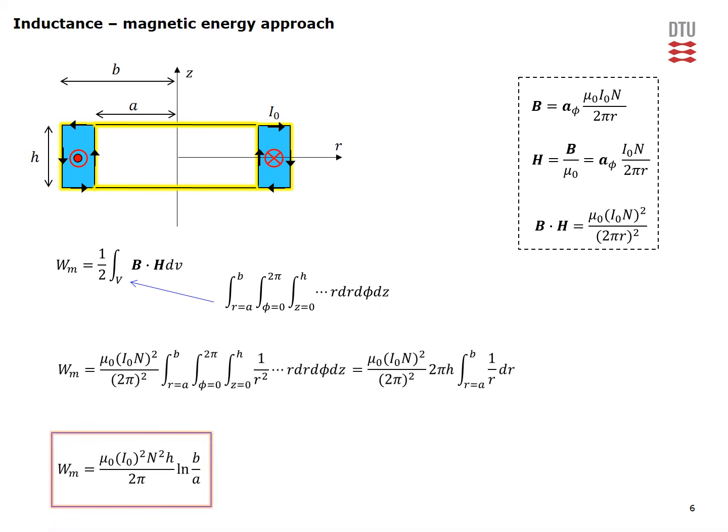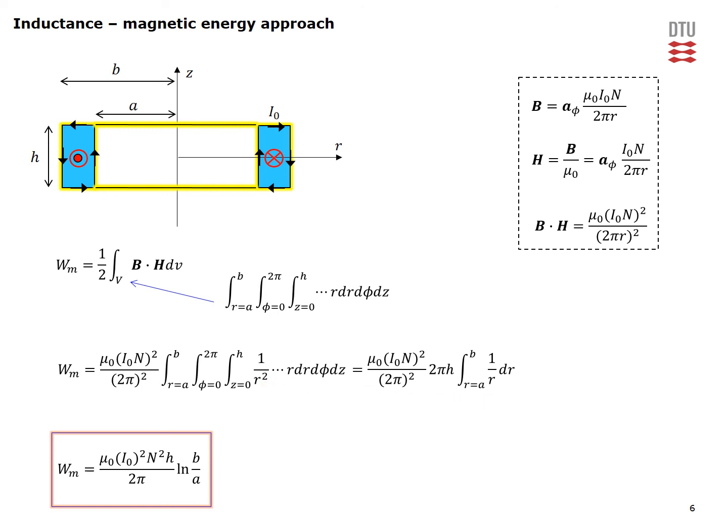So when you plug everything together, we arrive at the result first shown on this particular line. We have some constants which are coming from our scalar product, and of course we have a function 1 over r squared that we will have to integrate. But we have also this r that will cancel 1 over r squared and leave it as 1 over r.